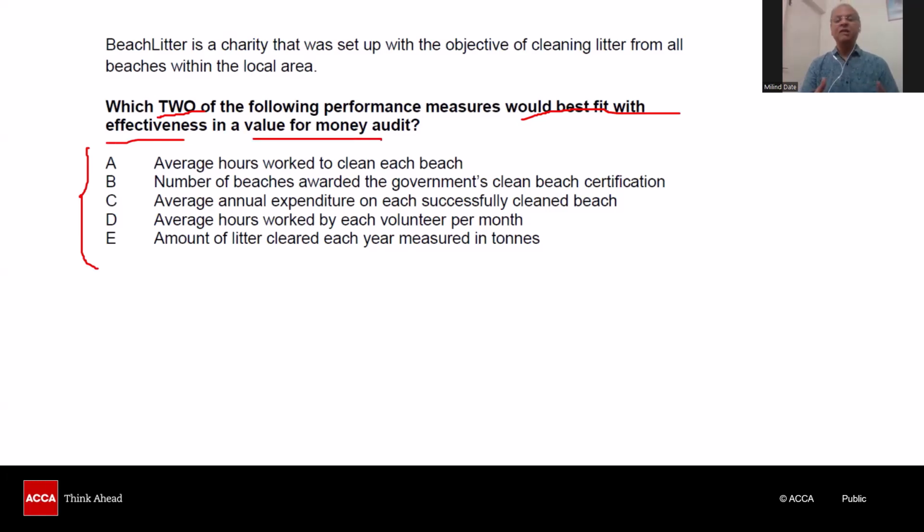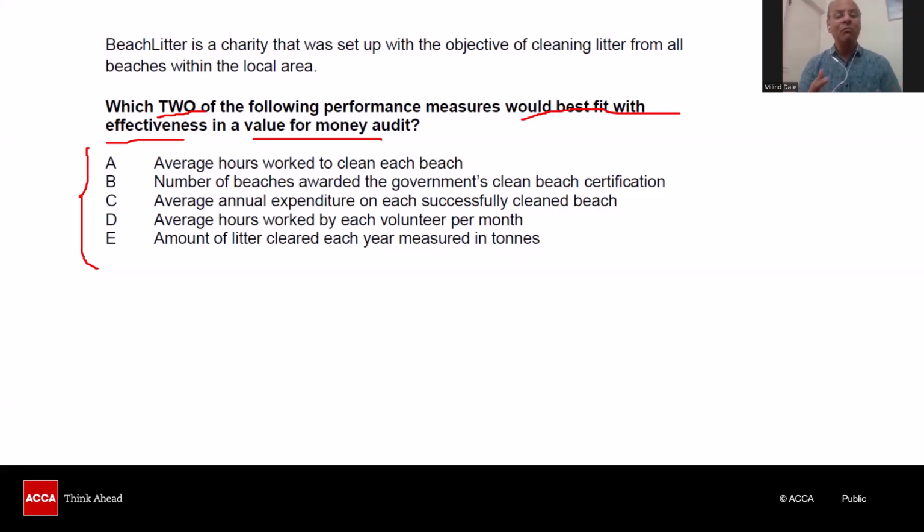So the concept that is getting tested here is VFM. And VFM talks generally about 3 E's: economy, efficiency, and effectiveness. In this particular case, it refers to effectiveness, which means achieving success on getting your outcome.